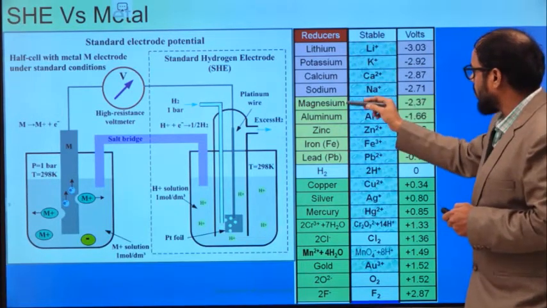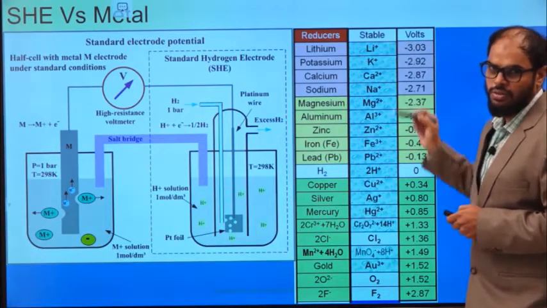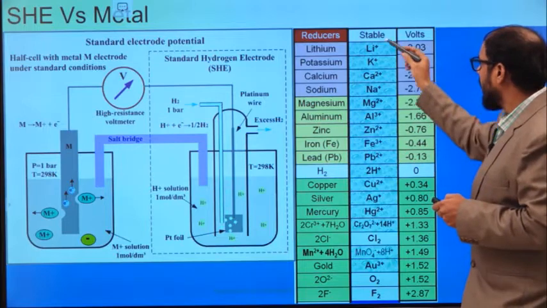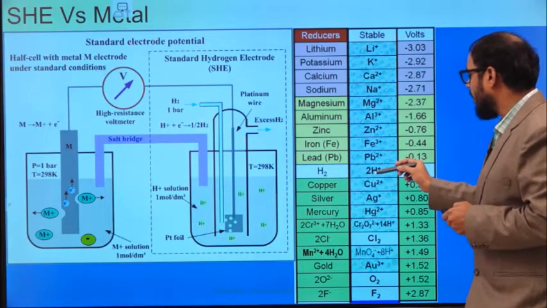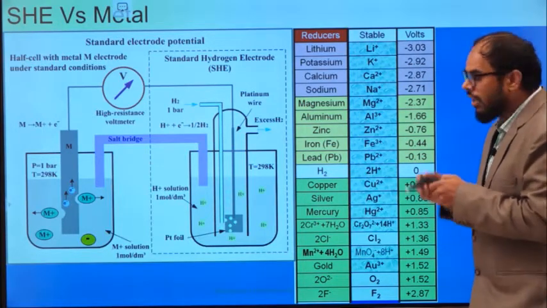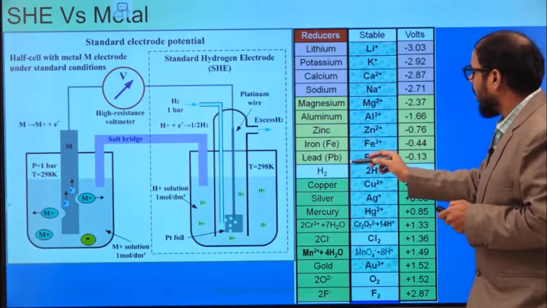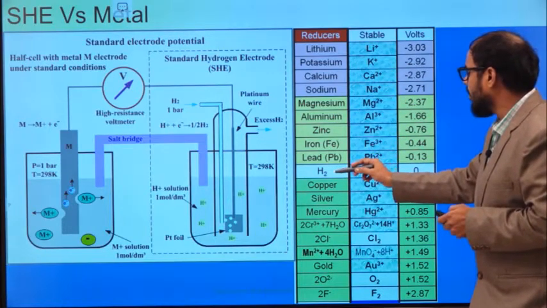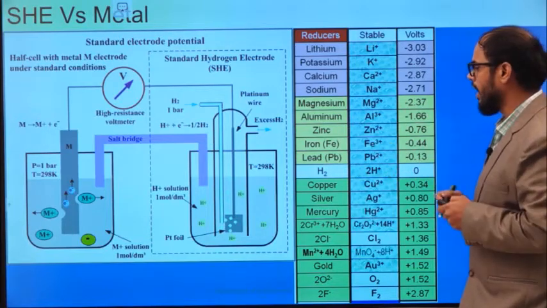These electropositive elements liberate electrons, and the electrons are taken by the other half cell, the SHE electrode, which converts the H plus ions to hydrogen gas.